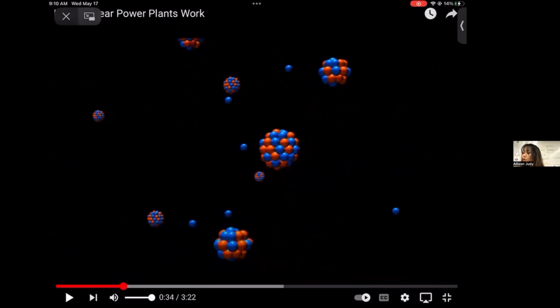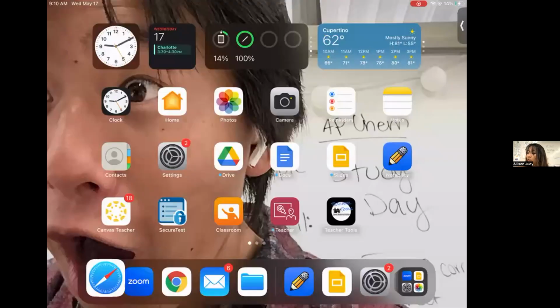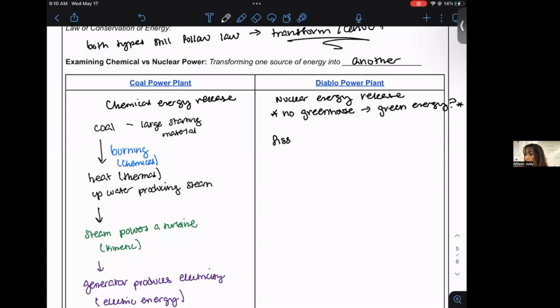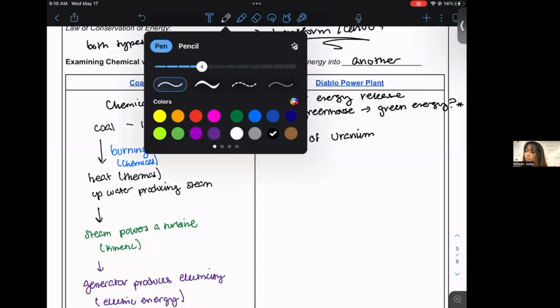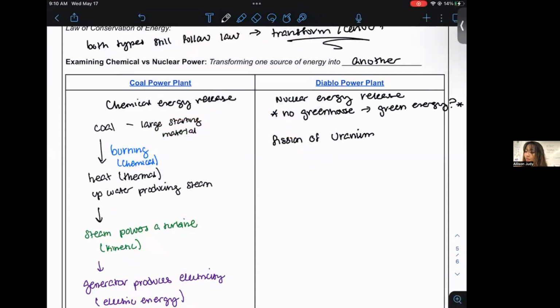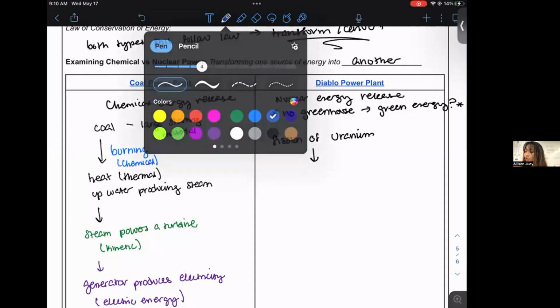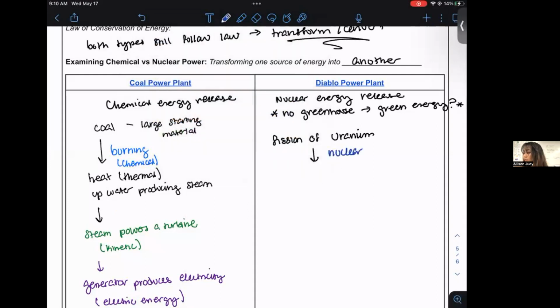Okay, so we see that here our starting reactant, or our starting process, is the fission of uranium, a specific isotope of uranium, producing what we call, right, nuclear energy. Okay, radioactive energy. So already we're seeing a difference.